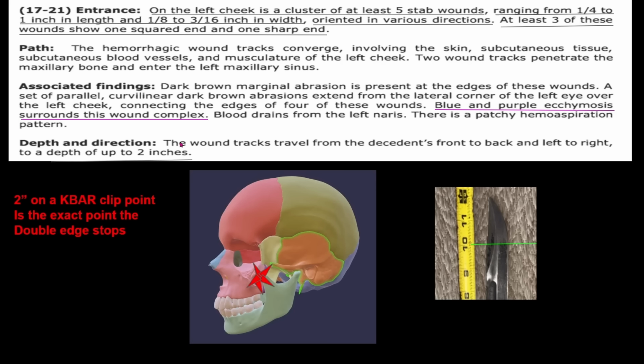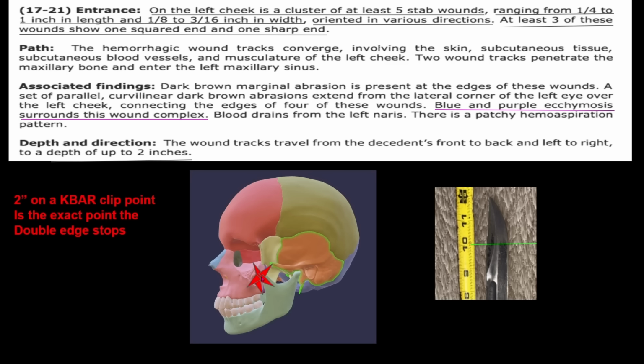Now this one is super suspicious, and this to me is some type of staging. There's no other way around it because it's very unnecessary. This is on her left cheek, and it's a cluster of 5 stab wounds ranging from a 1/4 inch to 1 inch in length, 1/8 of an inch to 3/16 in width, oriented in various directions.